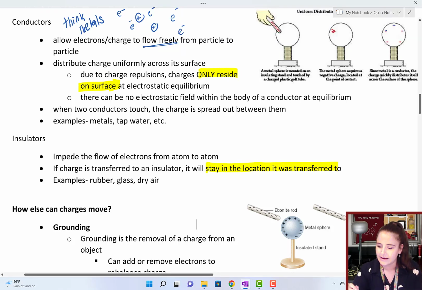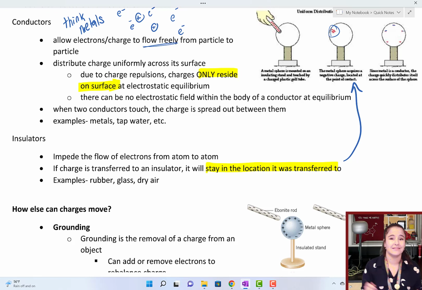It would look kind of like this image, where all of that charge stays in one place. It's stuck on whatever atoms or molecules were there to begin with. Rubber is a good example of an insulator. Glass, dry air is a very good insulator. So that's the general properties, and of course, this is a range where everything falls within the range.